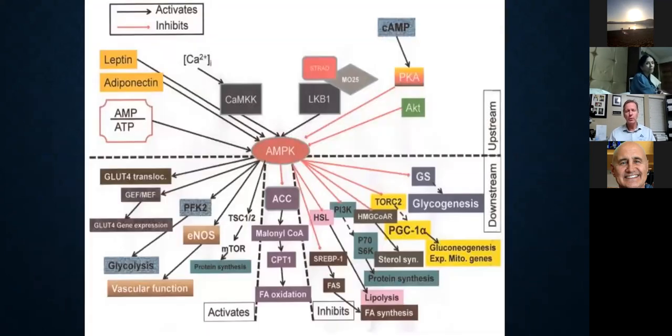I just want to throw this screen up early. We're going to look at it again, but this is just to see the central role of AMPK and how it plays a role in all these different functions, like glycolysis, vascular function, AMP/ATP ratio. You also have things like fatty acid oxidation and synthesis and lipolysis, protein synthesis, mitochondrial genesis.